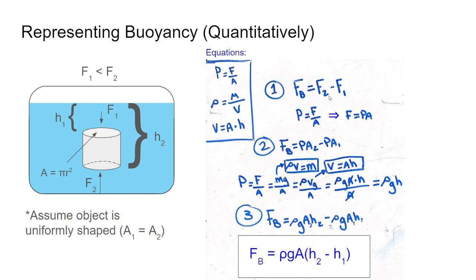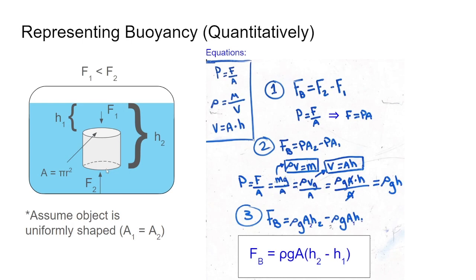Now we will be representing the forces numerically to show what factors affect buoyancy. From the diagram shown, for simplicity, let's assume that our cylindrical object is uniformly shaped, so that the surface area on top equals the bottom. Thus, there are two forces from the water that are applied to the object: the pressure of the water from above, F1, and the pressure of the water from below, F2.